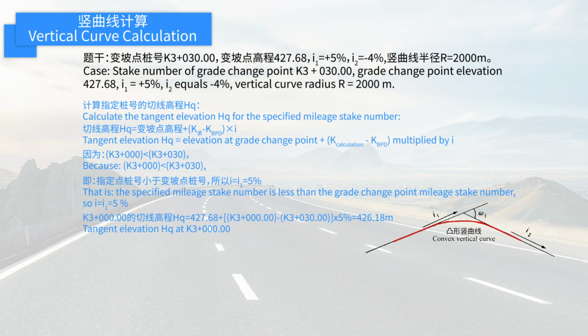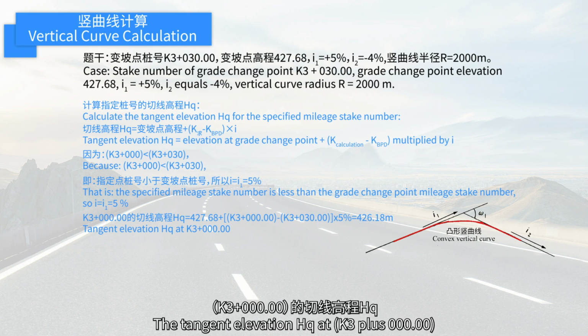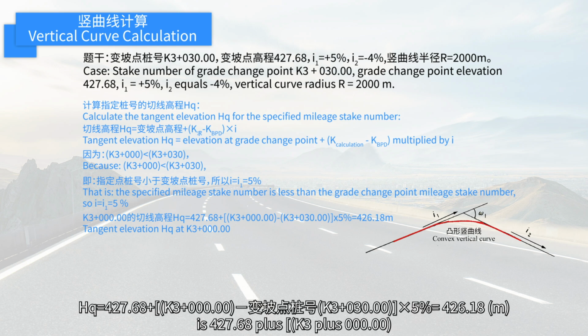Therefore, the tangent elevation HQ at K3+000.00 is 427.68 plus K3+000.00 minus grade change point stake number K3+030.00 times 5%, equals 426.18 meters.